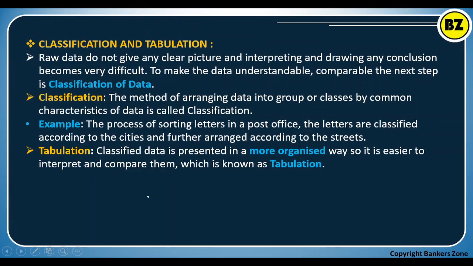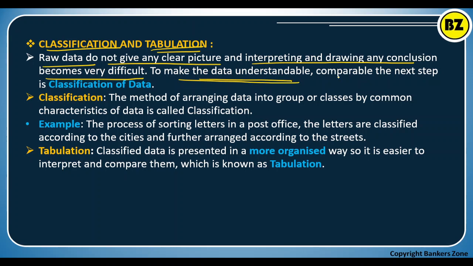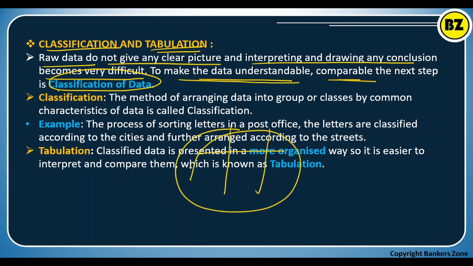Now classification and tabulation. What do you mean by classification and tabulation? Raw data does not give any clear picture. For interpreting and drawing any conclusion, it is very difficult from raw data. So to make the data understandable and comparable, the next step is classification of the data. You have a lot of data, but how can you read it? There should be proper classification so that you can read it and conclude something.